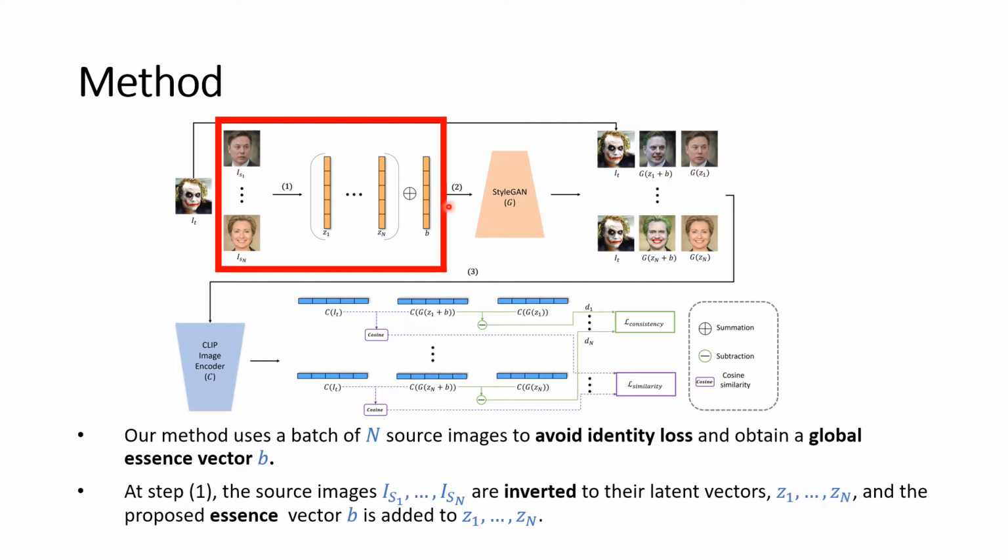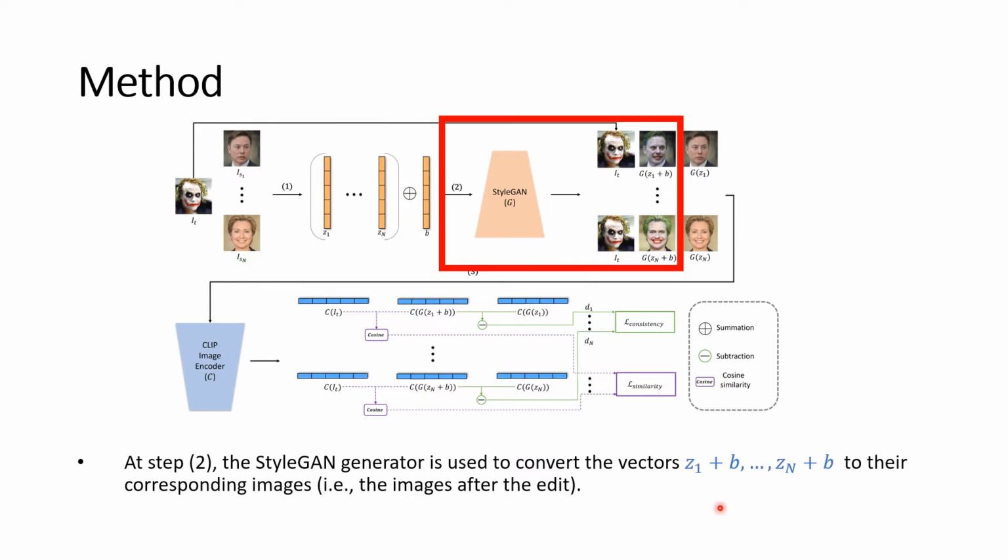Later, we add the proposed essence vector B to each one of the latents. After the first step, we have n latent vectors, Z1 plus B through Zn plus B, which represent the edits applied to the source images by the essence vector B. We use the StyleGAN generator in order to generate the edited images from the latent vectors.